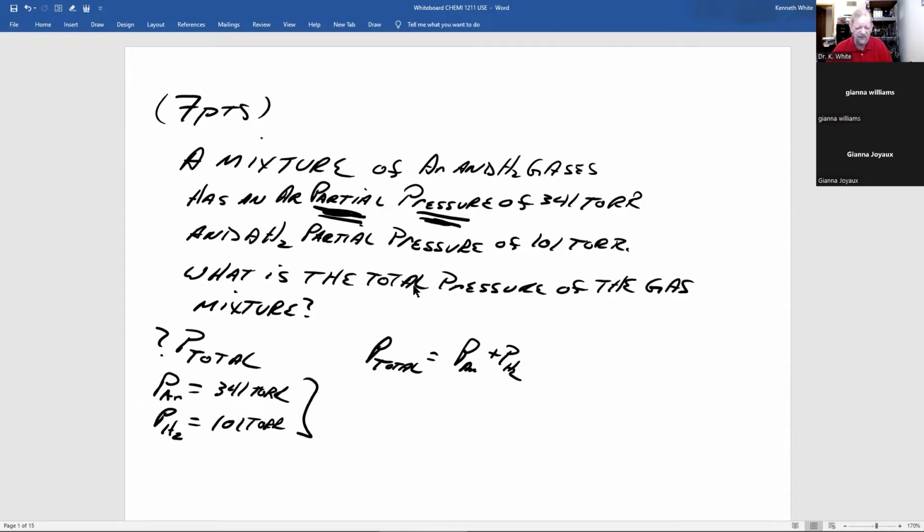And we took the time to figure those out from the word problem, and P total equals 341 torr plus 101 torr. If I add them together, and this I think I can do in my head, my first grade teacher would be happy. And this is the answer you get. And that's how you do Dalton's law of partial pressure.